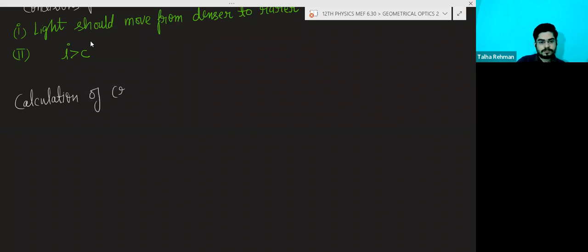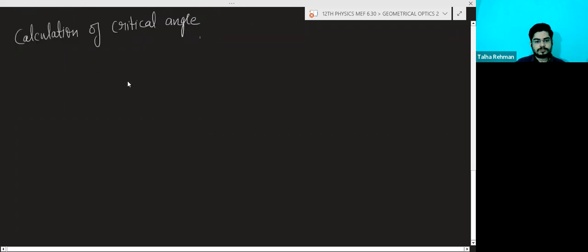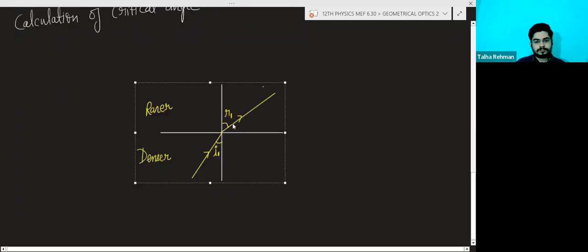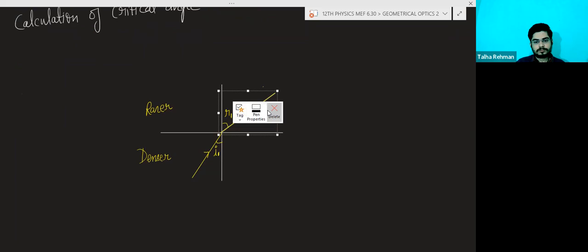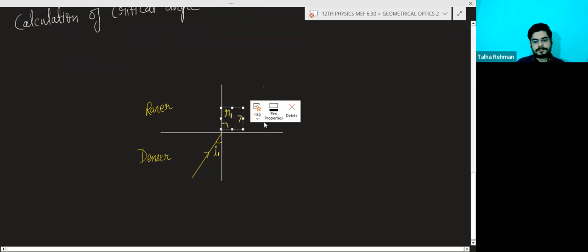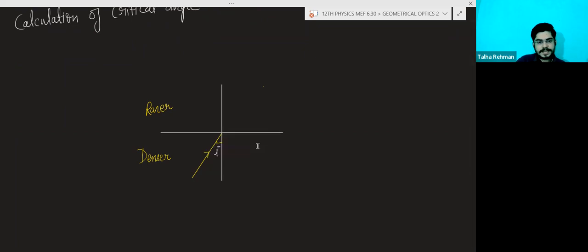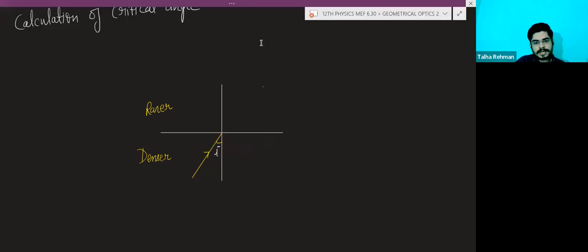Calculation of critical angle. So light is moving from denser medium to rarer medium, such that the angle of incidence is the one for which the angle of refraction becomes 90 degree.